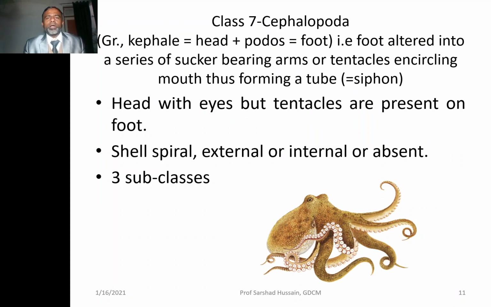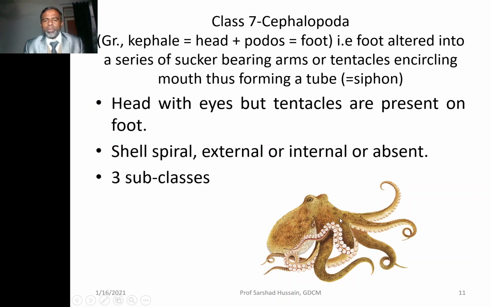Then comes the seventh class, Cephalopoda. Cephalo is derived from the Greek kephale, meaning head, and podas means foot. That is, the foot is altered into a series of sucker-bearing arms or tentacles encircling the mouth, thus forming a tubular siphon. Because the mouth is present on the head region and the foot also encircles the mouth, you can say the foot is present on the head, hence its name Cephalopoda.